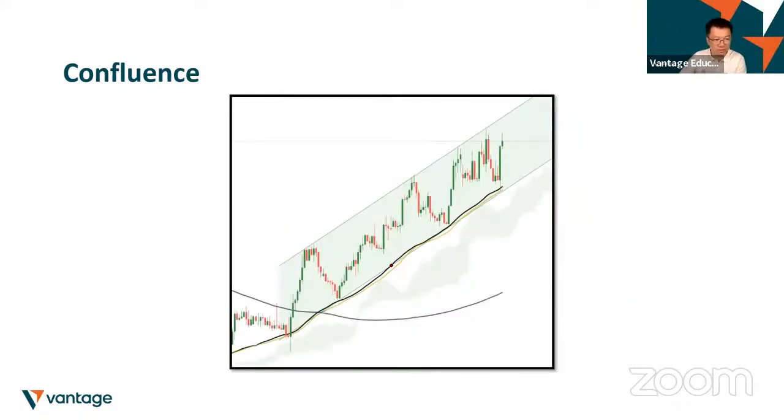So this is how it looks. We have, as I was just showing you, trend or channels towards the upside. We have moving average, the 200 here. All right, we have the 50 here. We have the natural moving average here, and then we have the Ichimoku here as well.